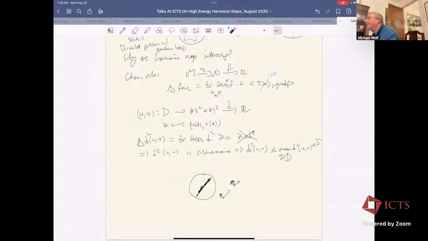So if you think about the asymptotic frame field in each setting, in the H2 setting, the asymptotic frame field becomes tangent to a geodesic.